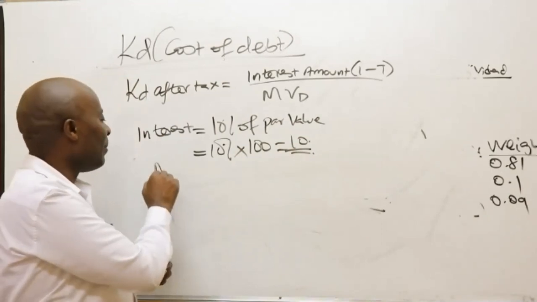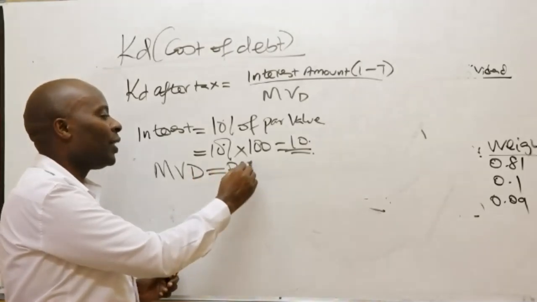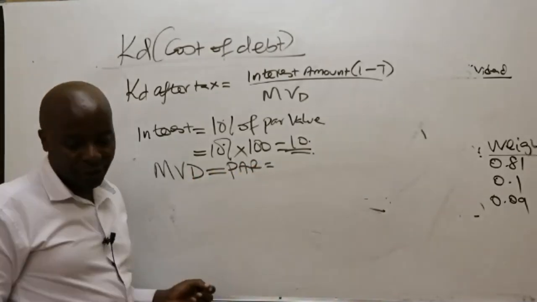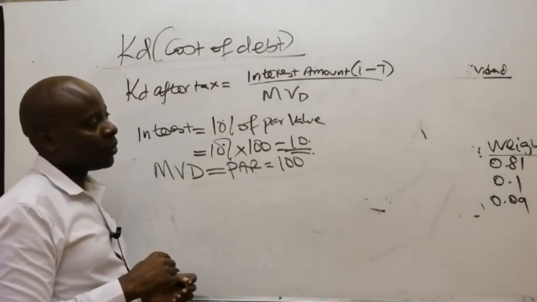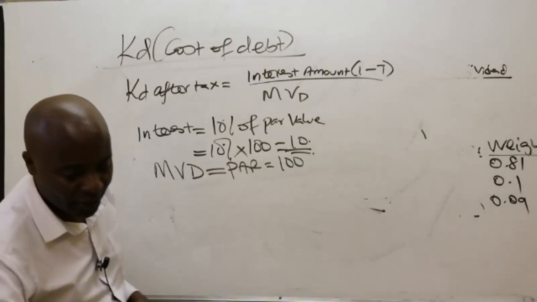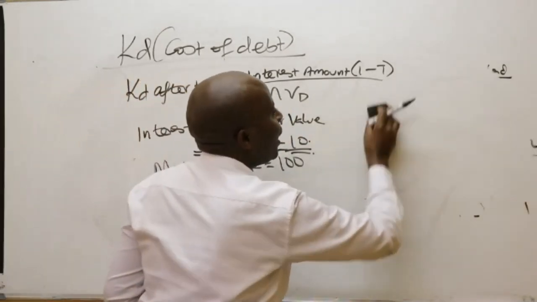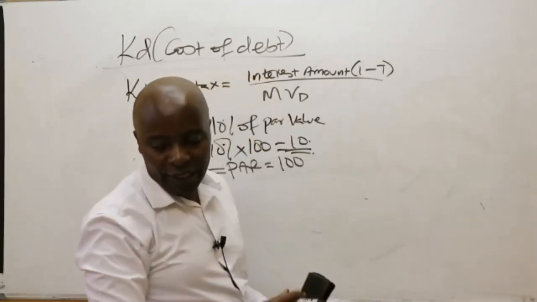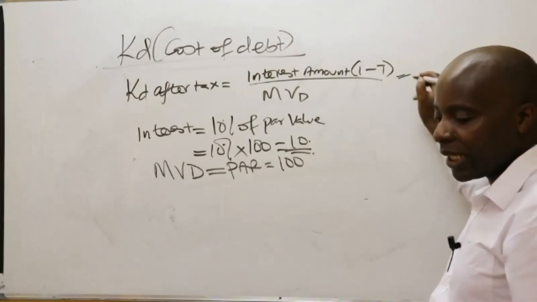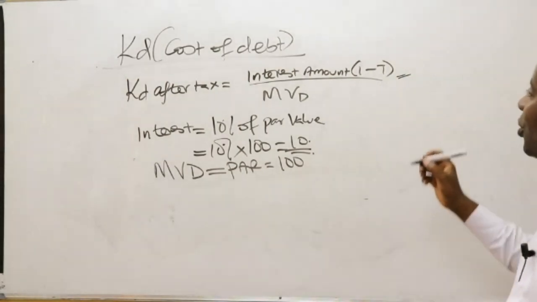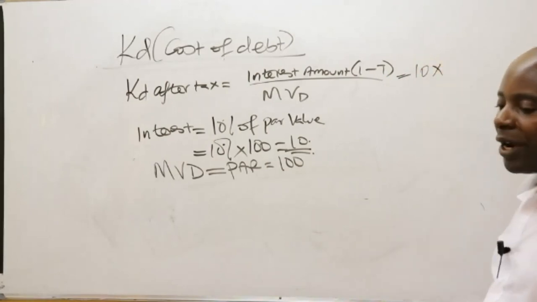How about the market value of debt? We were told that the market value of debt is equal to the par value, which is 100. So please plug in the figures and give us the KD after taxation. The KD after tax will be equal to the interest amount, 10, times 1 minus tax.